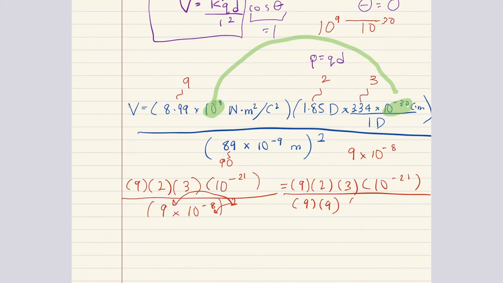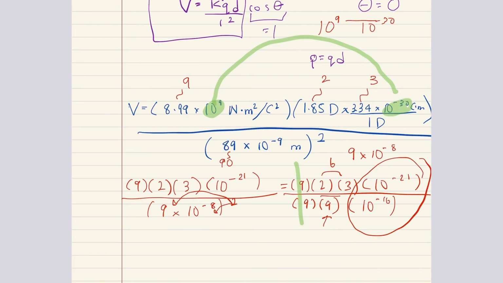That's just 10 to the minus 16 now. Now we can see that this is the best way to write it because these 9s cancel out. And then what we're left with here is 2 times 3, 6 divided by 9. And then we can deal with these powers of 10 in a very easy way.